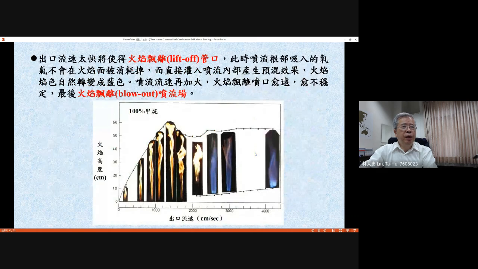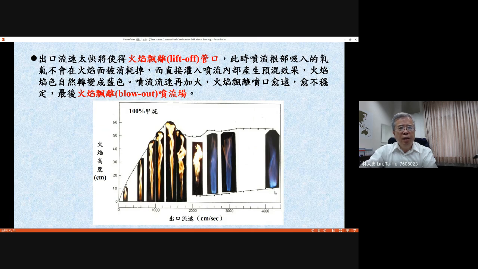Typically, you continue to increase your injection velocity in this turbulent jet diffusion flame region. Starting from the lift-off of your diffusion flame, you will find the flame length almost remains constant, and the lift-off length actually slowly increases as we increase the injection velocity.